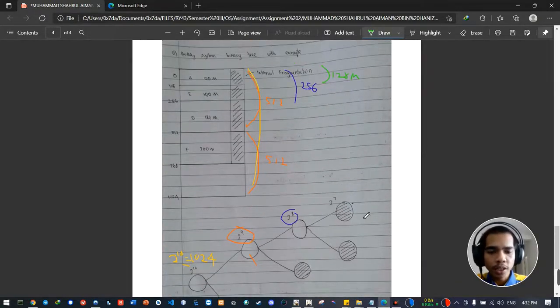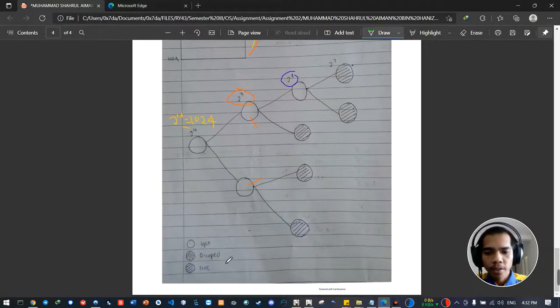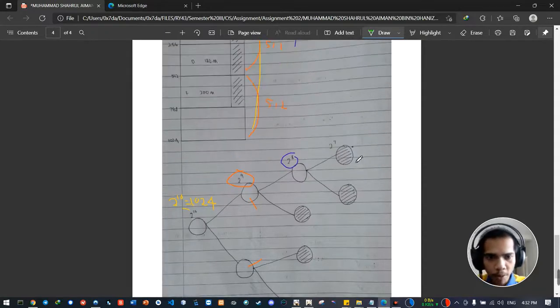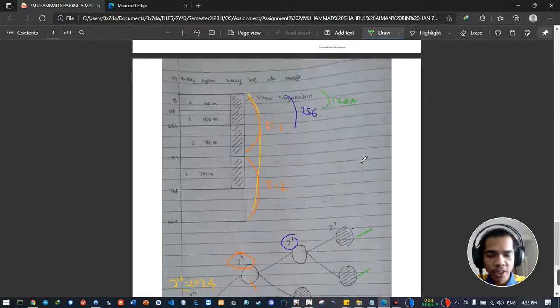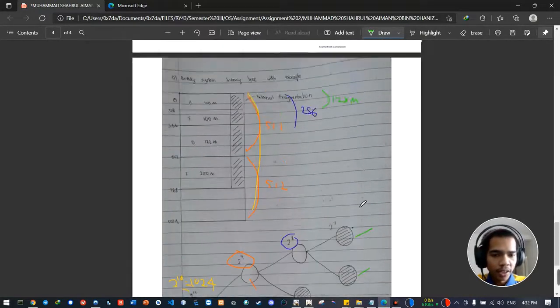The shade here is occupied, which means there is a process in this circle, in this block.